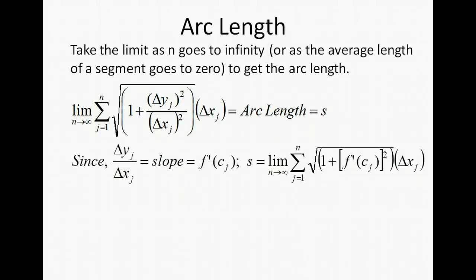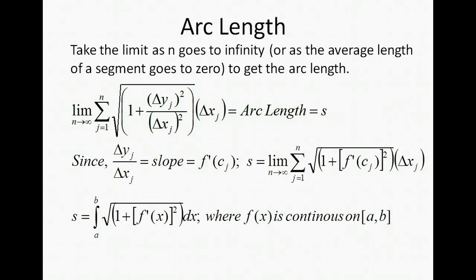So now we have the limit as n goes to infinity of the sum from j equals 1 to n of the square root of 1 plus the function's derivative squared. And then outside the radical we have the delta x. So now all that is left to do is to rewrite this as an integral.